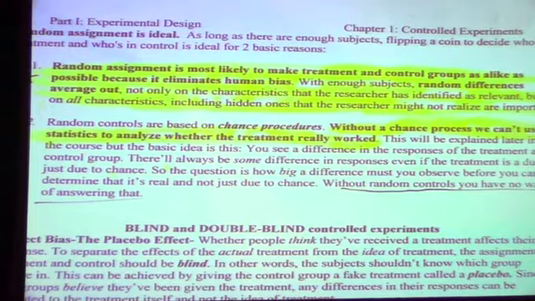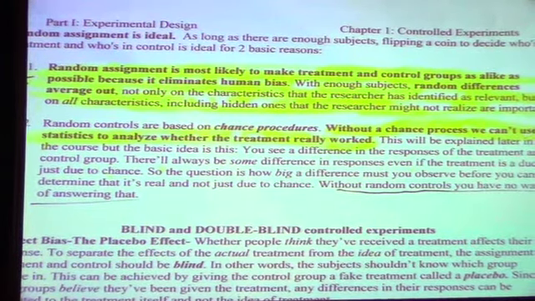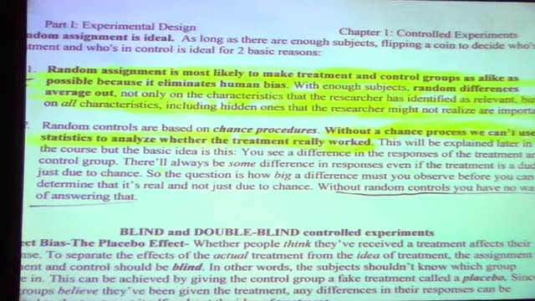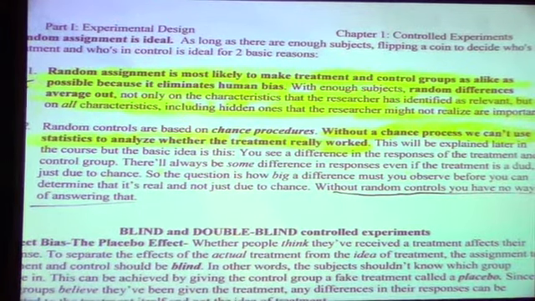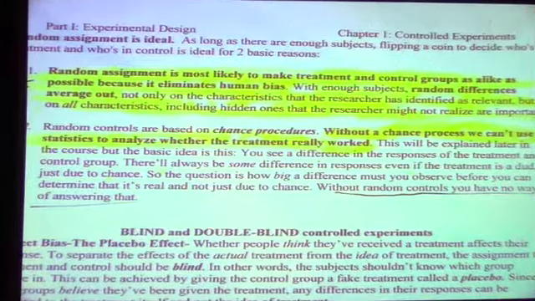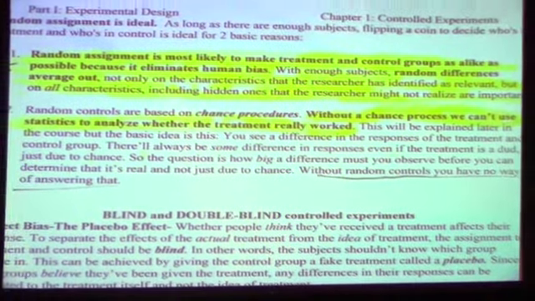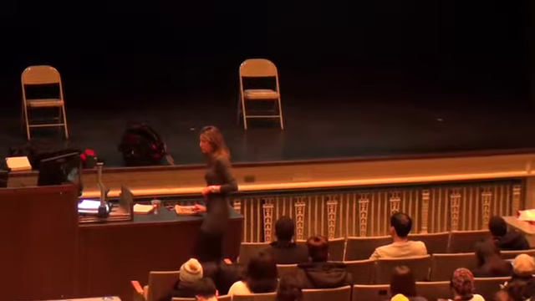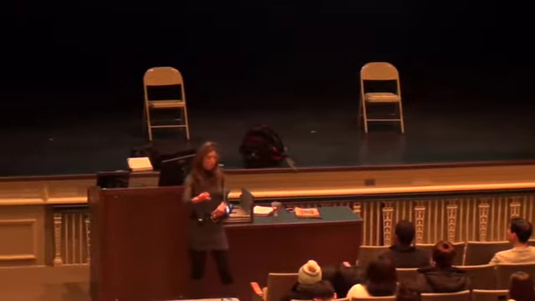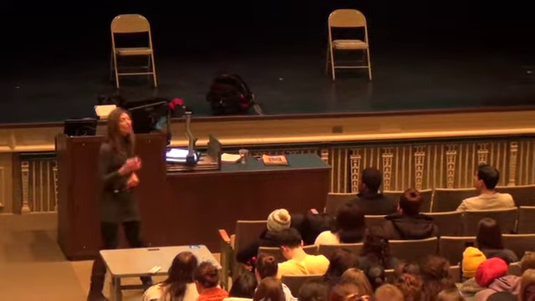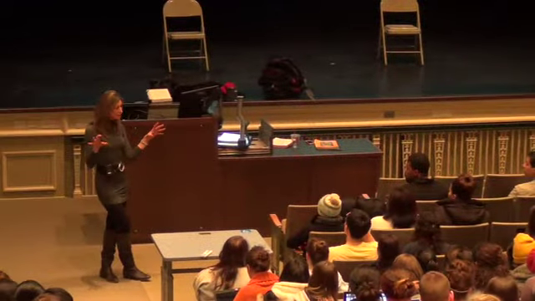All right. So we left off looking at the two main reasons why randomization is key. Number one, it eliminates human bias. We want the two groups, the treatment and control group, to be as alike as possible on all characteristics, not just those that we match them up on, those that we might not even be aware of. We want no subjective bias, either conscious or unconscious, to enter in. Why?